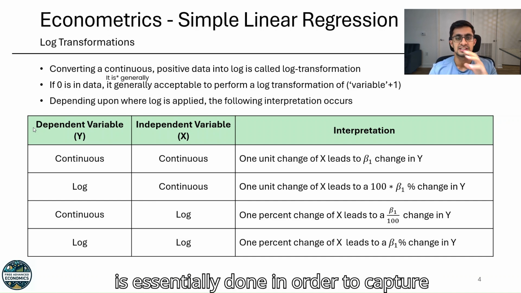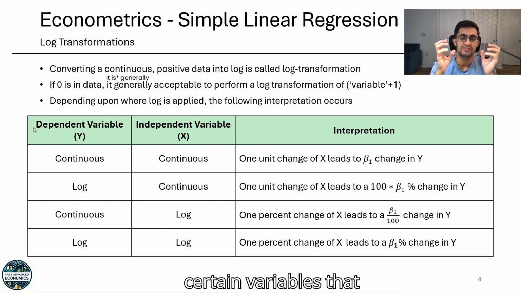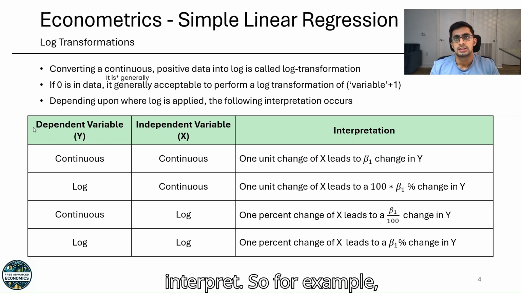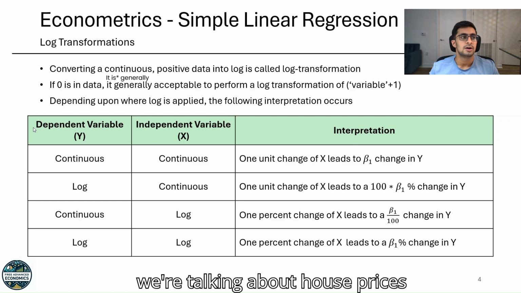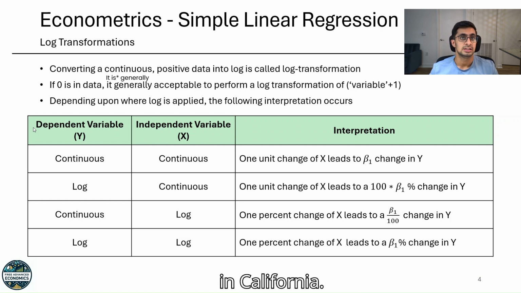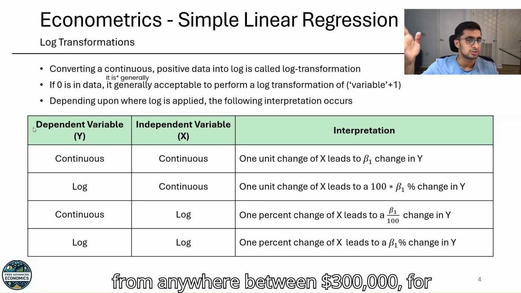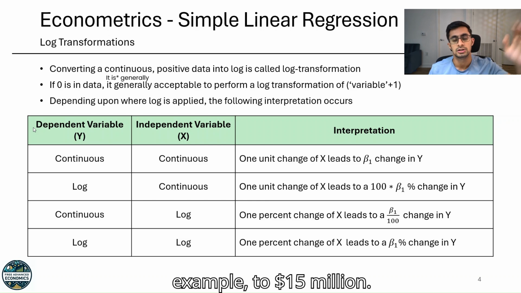Log transformation is essentially done in order to capture certain variables that might be otherwise difficult to interpret. So, for example, we're talking about house prices in California. In California, house prices can range from anywhere between $300,000, for example, to $15 million.